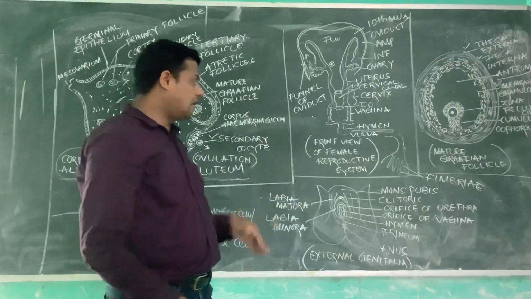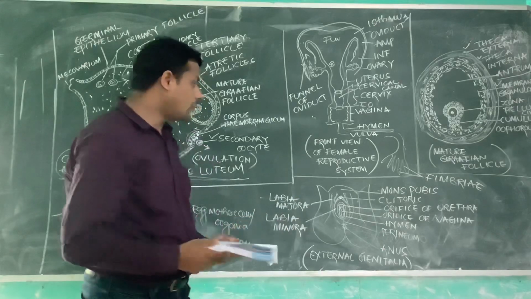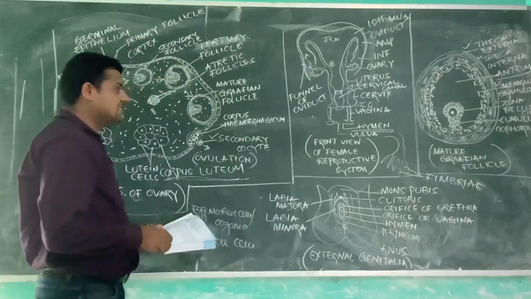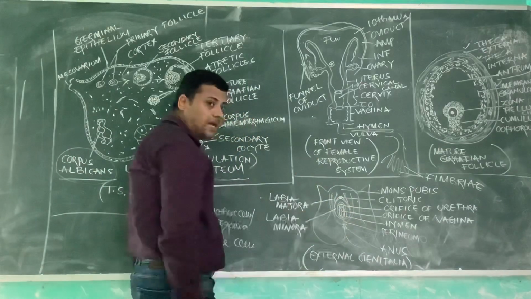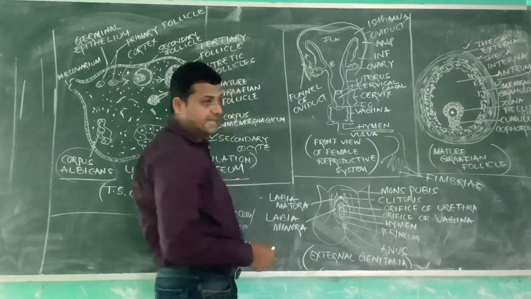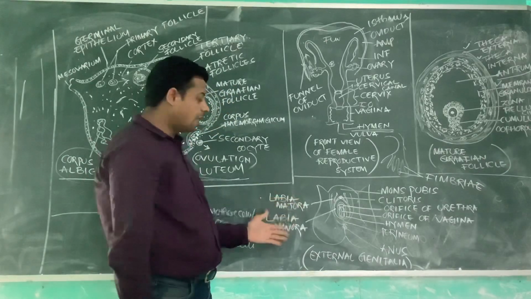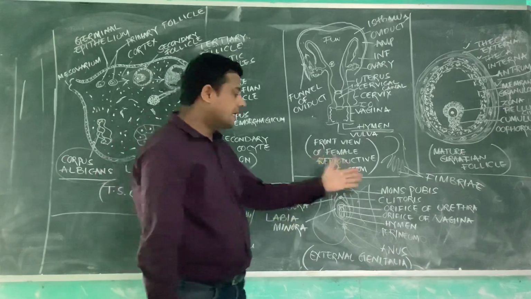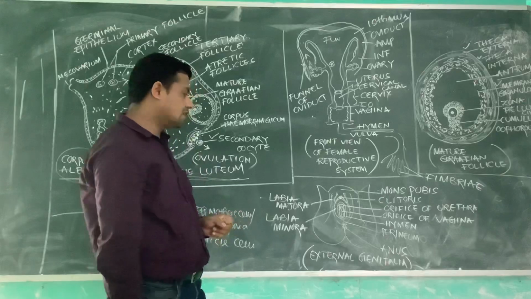Okay. The next part of the female reproductive system is the vulva. The vulva is the external genitalia. Look at this diagram. This is the vulva, formed of labia majora, labia minora, clitoris, and some openings of the female reproductive system.